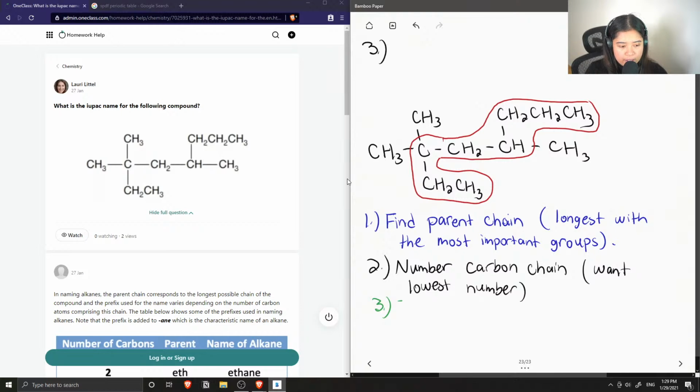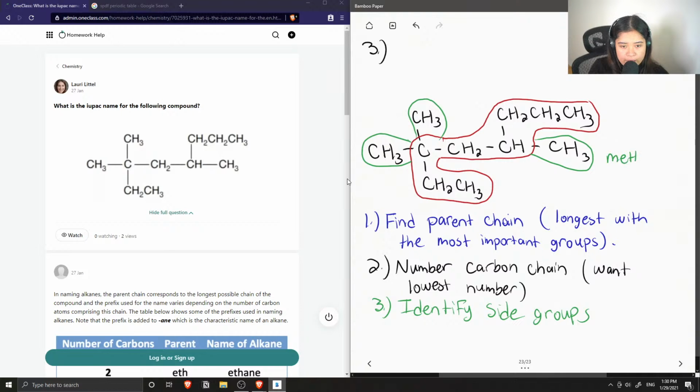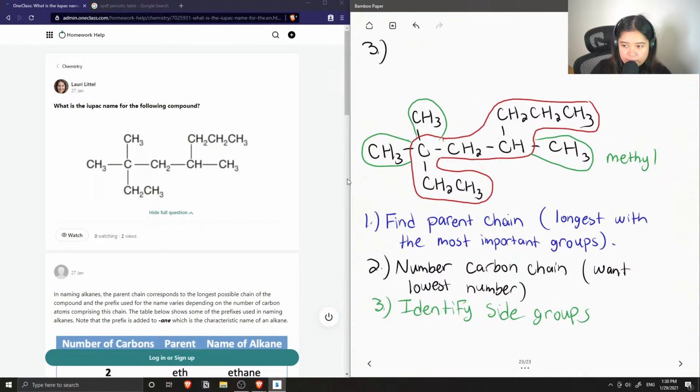Step 3 is to identify our side groups. These two steps can be merged into one, because if I identify my side groups, I'll see that I have 2 methyls here and another methyl here. Every time we have just 1 carbon with 3 hydrogens as a side group, this is called a methyl side group.